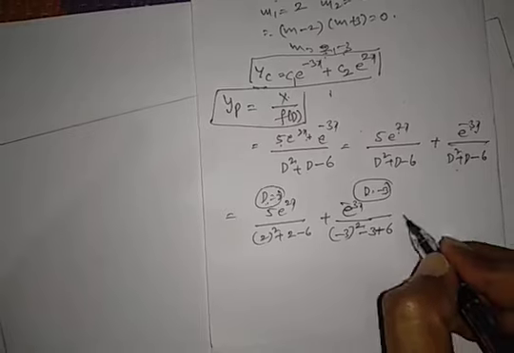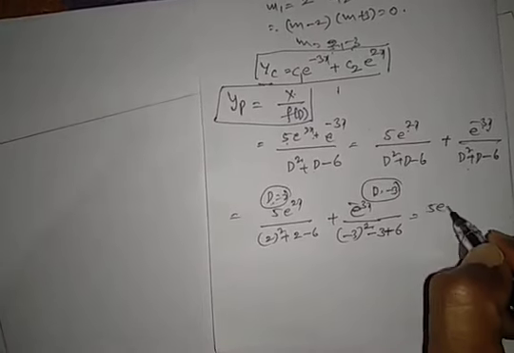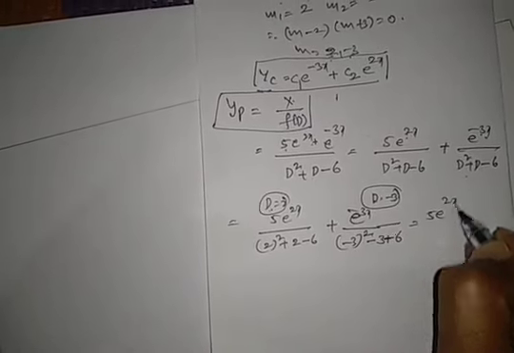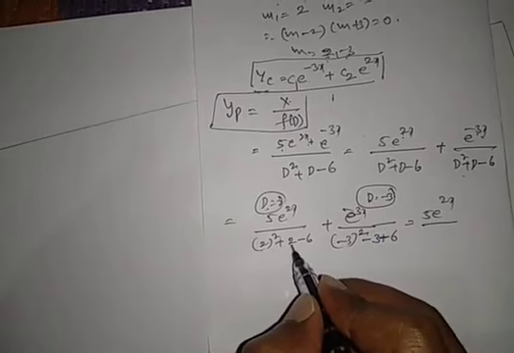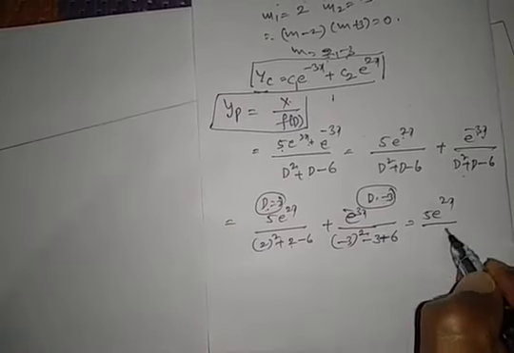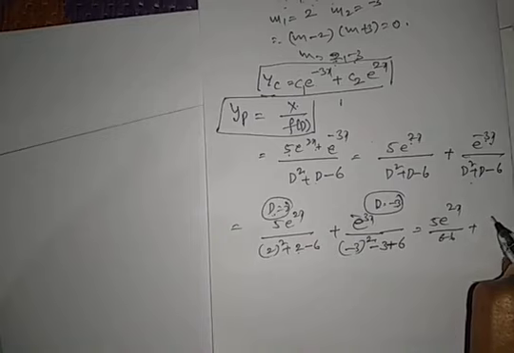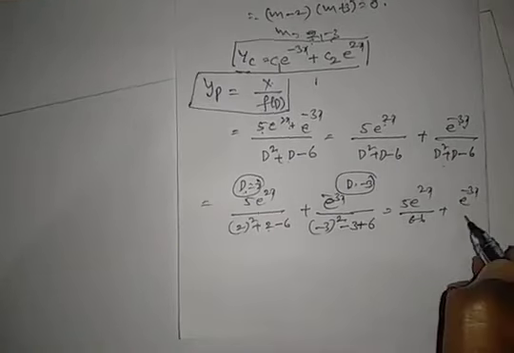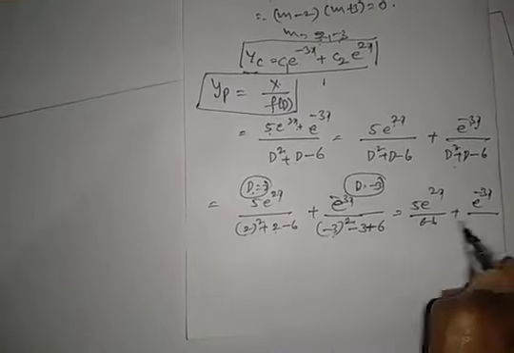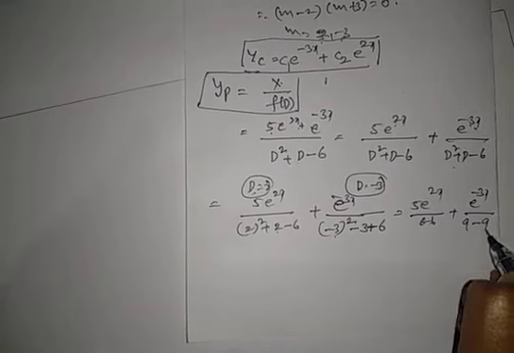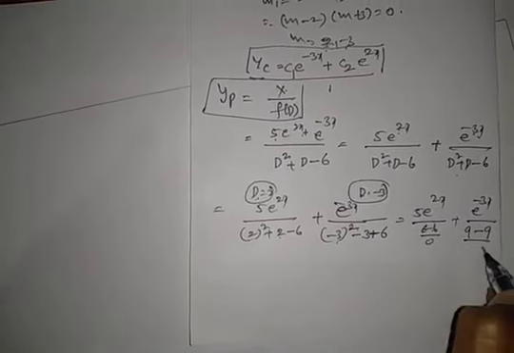So that is equal to 5 e to the power of 2x by 4 plus 2 minus 6, plus e to the power of minus 3x by 9 minus 3 minus 6. This is 0, this is also 0.